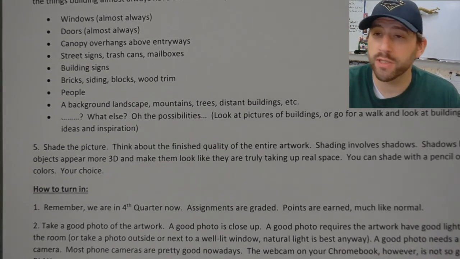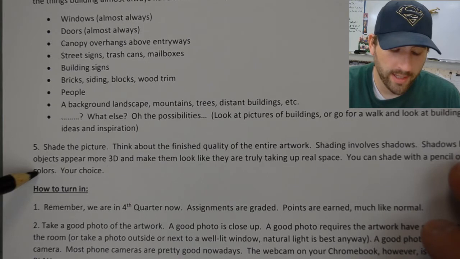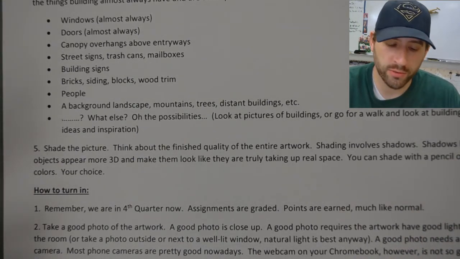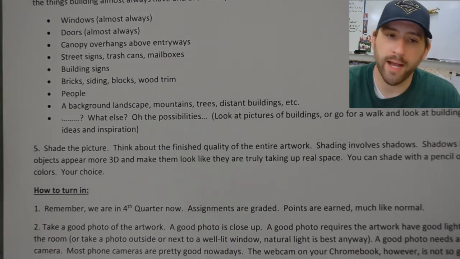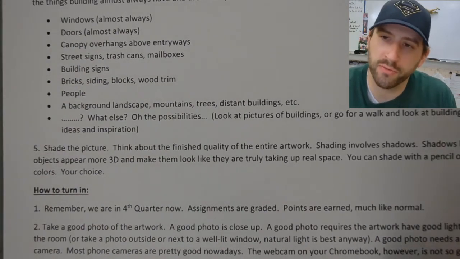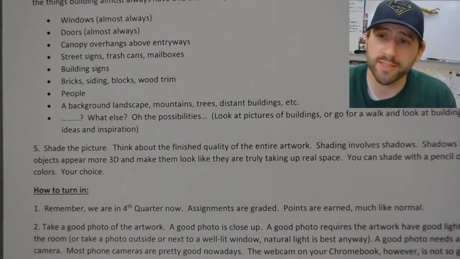And if you're using colors, you're just going to have to use the things that you have available at home. And not everything is shaded, but a lot of things are colored too. So like the sky might be something that's colored, but we don't really think of it as being shaded, because the sky, we don't think of that as being a three-dimensional object. But those are still things that you need to think about.